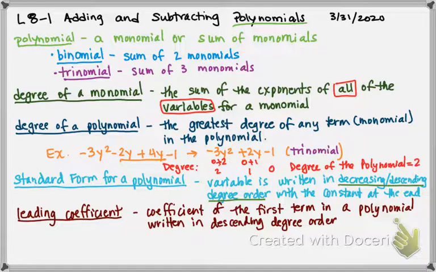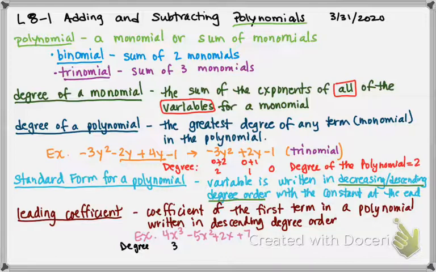So let's do an example of that. So let's say we've got 4x cubed minus 5x squared plus 2x plus 7. So first thing I want to do is make sure it's in descending degree order. So the exponent goes 3, 2, 1, none. Okay, that's perfect. So then I'm going to look at what the degrees are for each one of them.